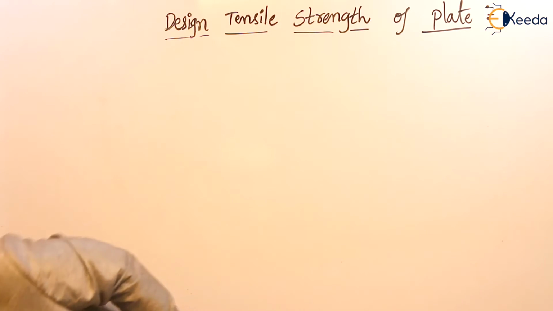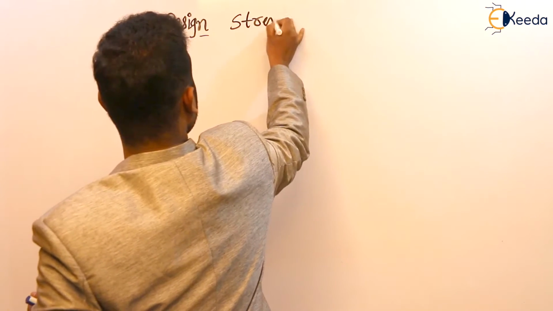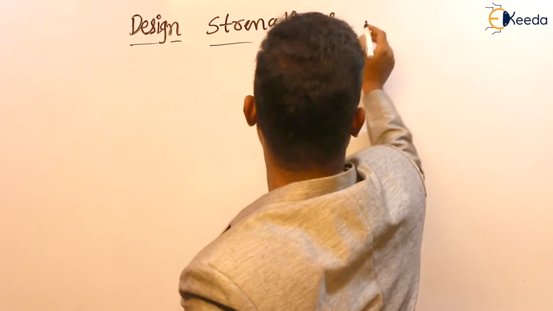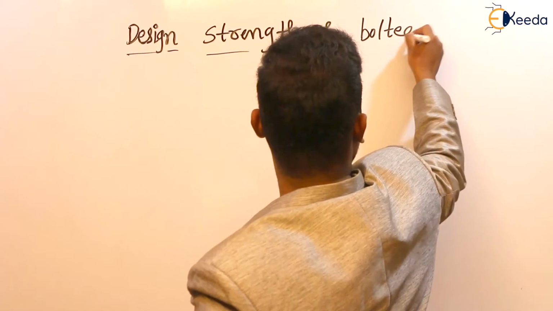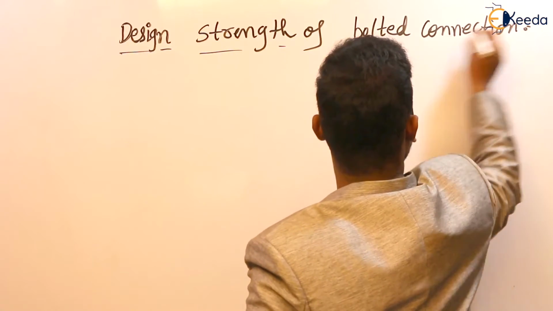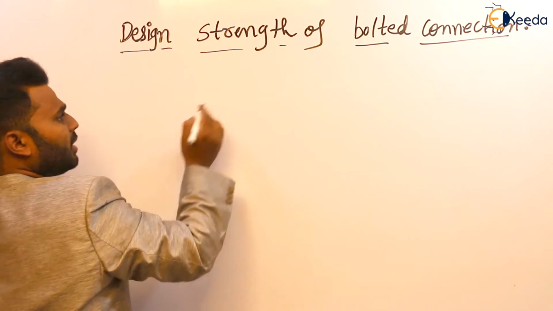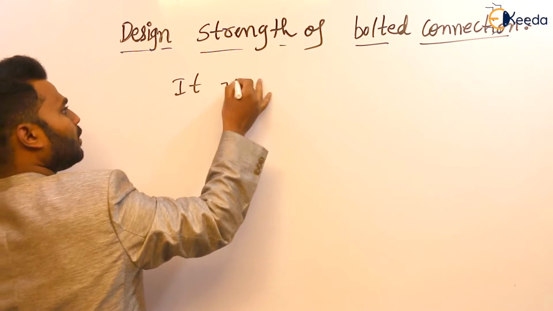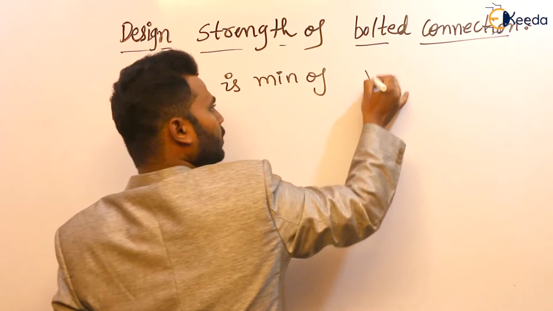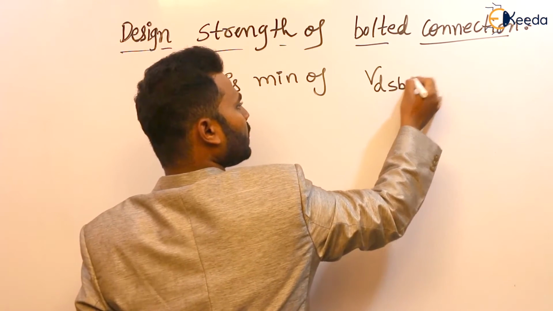Clear? So the design strength of bolted connection is nothing but the minimum of V_dsb, the design strength of bolt.